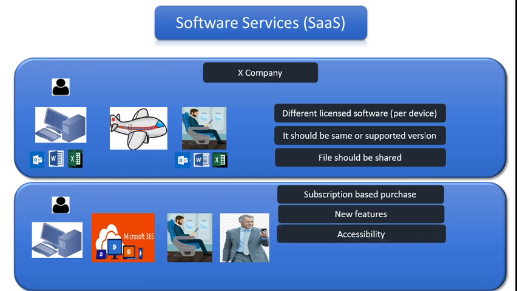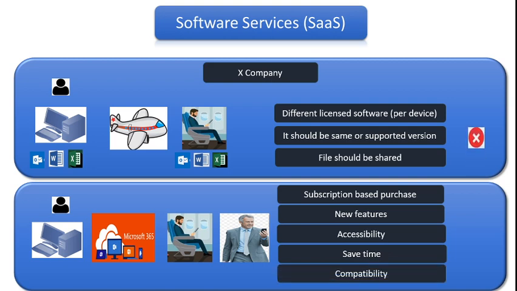You have accessibility over all the devices anytime anywhere in the world. If you have a subscription, you can access the resources. So that is the benefit of using software as a service over the traditional way.